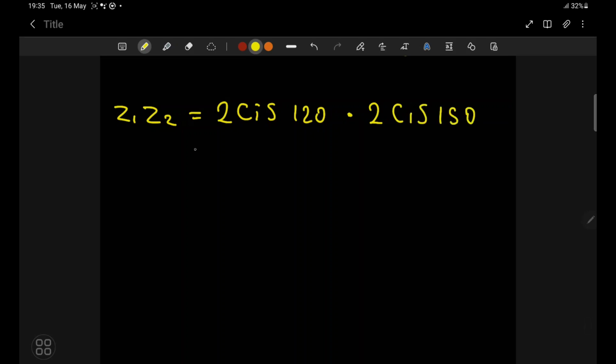So now that we have Z1 and Z2, we can multiply them since we have them in polar form. So that will be 2 cis of 120 multiplying 2 cis of 150.